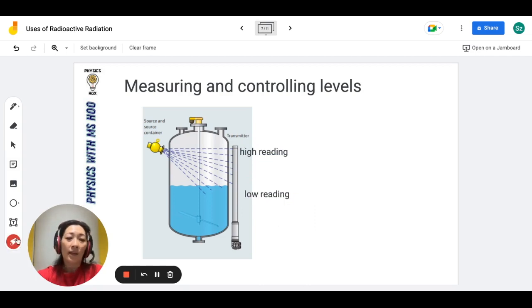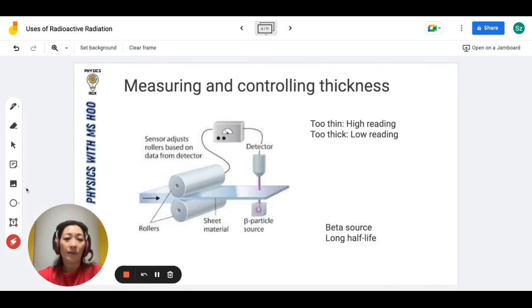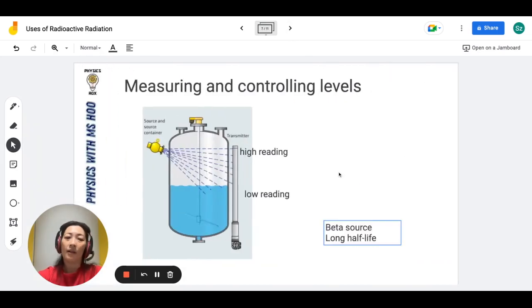By determining which level has the low reading and which level has the high reading, we can approximate the level of the liquid inside a closed container. If there are any adjustments that need to be made, this can be done automatically based on the readings obtained. Just like with thickness, we want to use beta and of course a long half-life.